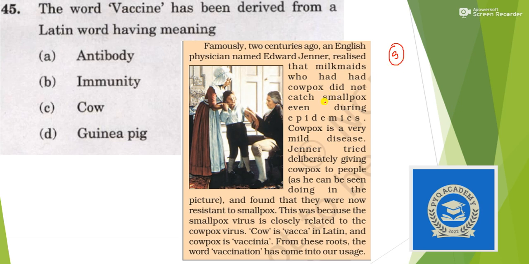In that chapter you will find a small mention of Edward Jenner, and there they had written, you can see here, cow is vacca in Latin and cowpox is vaccinia. That means it is something related to cow. So the answer should be cow here. Most of the people have marked immunity or antibody but that is wrong.